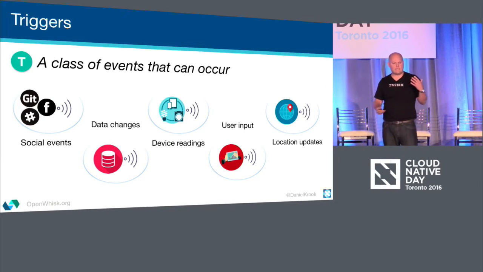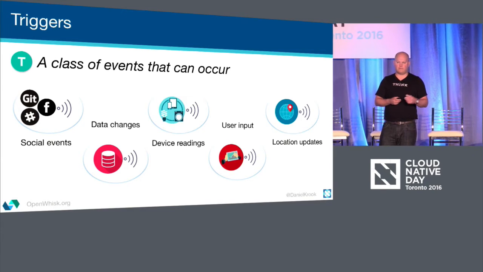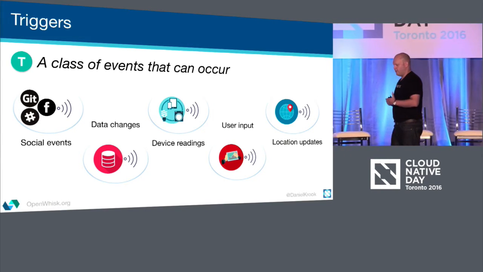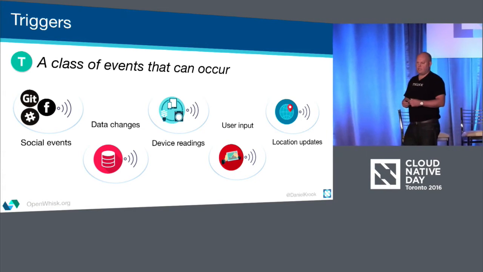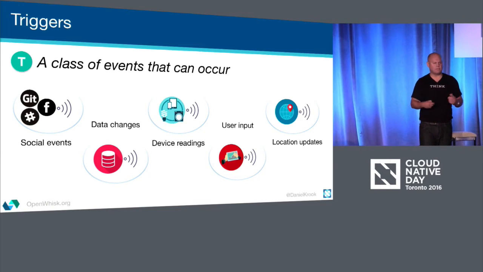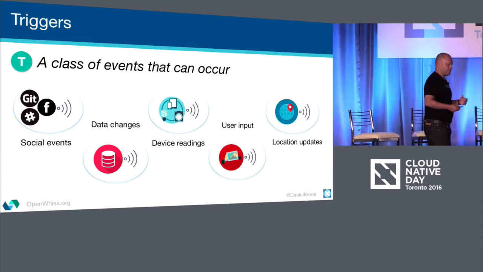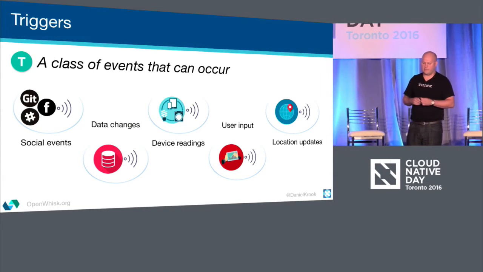So triggers can be any type of event. It can be a webhook from Git. You can have a device reading coming from an IoT device over MQTT or HTTP. User input: if someone is just creating data in a social network, any sort of hashtags or things like that can kick off a notification.